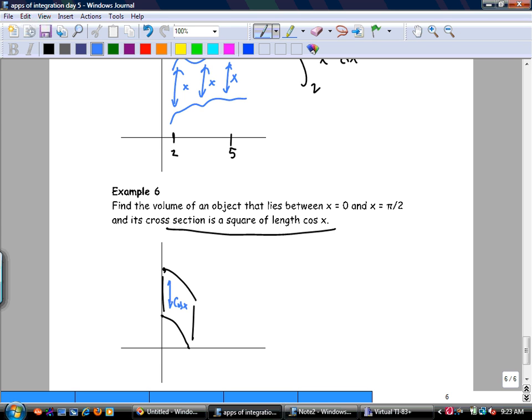We're saying the distance between the two curves is cos x. So f of x minus g of x is cos x. Somebody's done all this algebra for you and simplified it down to say the distance is cos x. So the volume is the integral from 0 to pi over 2 of cos x squared dx.